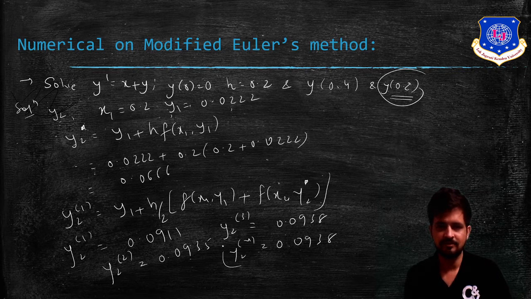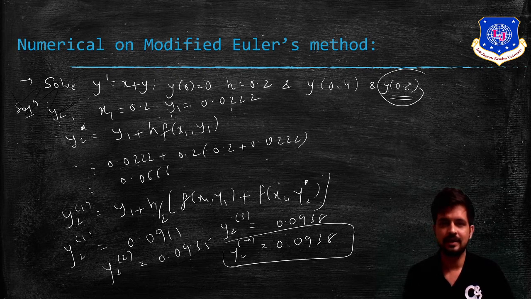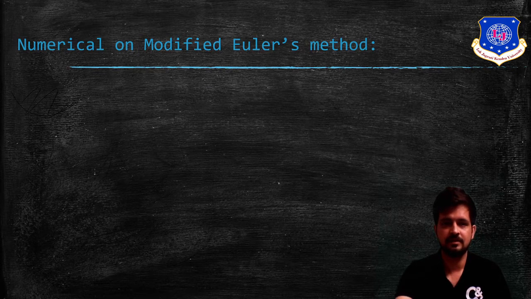So this is our final answer. You can see here that we are continuously finding the approximations until we get the exact value. In this way we can reduce the errors that are present in Euler's method. Fine.